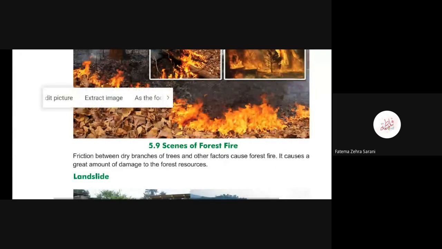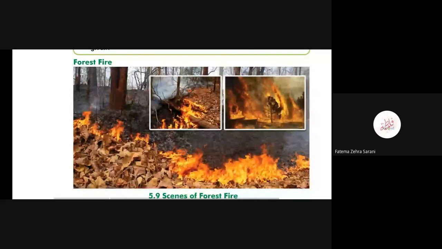So these are the scenes of forest fire. Clear?